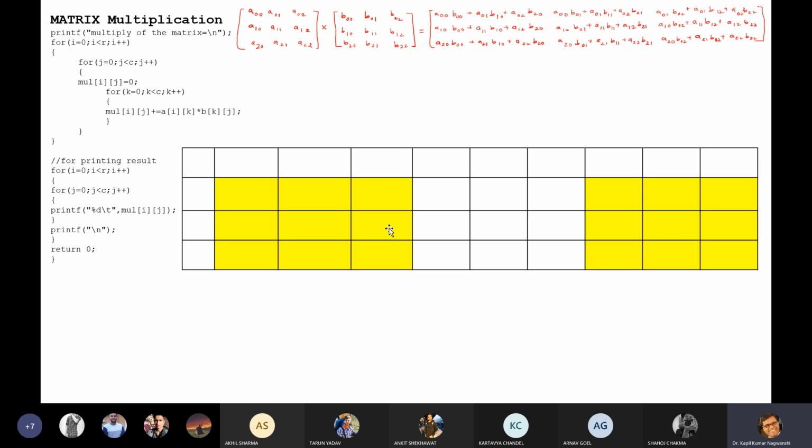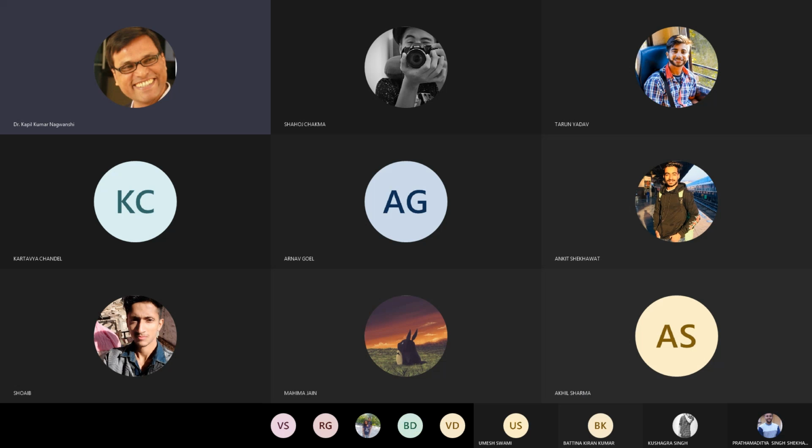Now this is our matrix, and how does it perform all the things? So again, this screen is not visible. Let me make this screen visible.